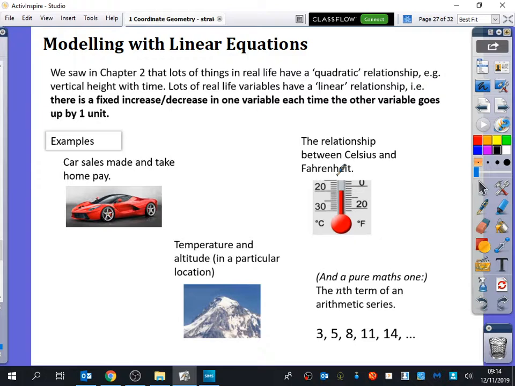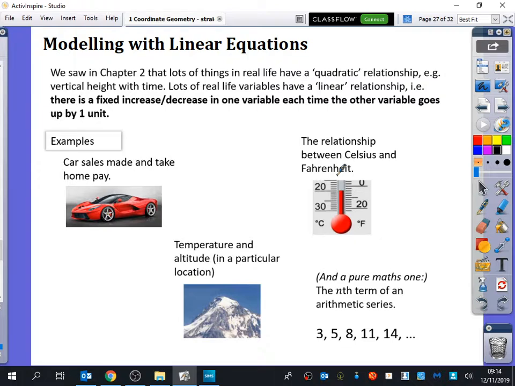So in America, when it's freezing, they would say it's 32 degrees, which doesn't feel particularly useful. And they talk about a very, very hot day being 100 degrees. To find out what Celsius was, you would subtract 32 and divide by 1.8. So it's got a linear relationship between Celsius and Fahrenheit.